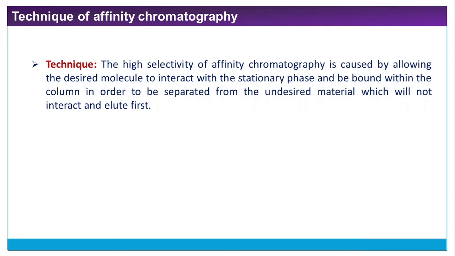They interact with this stationary phase and come out from the column later. Whatever undesirable material won't react with the stationary phase comes out from the column first. So in this way separation will occur.